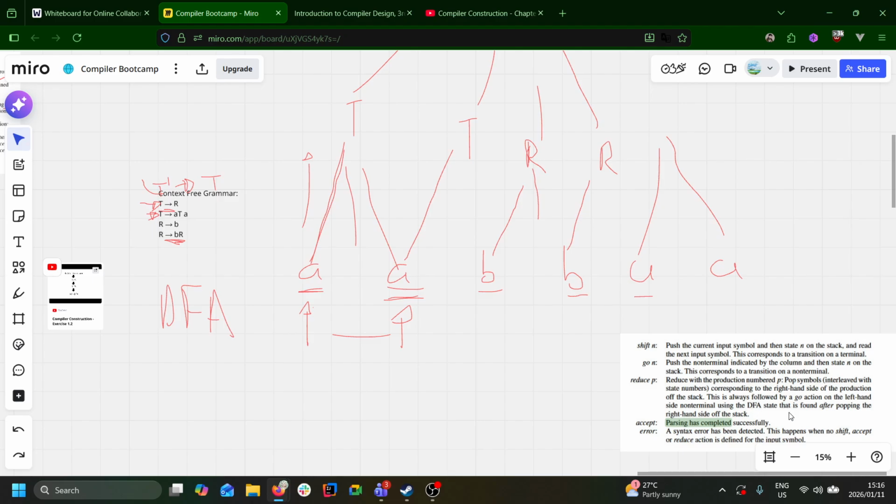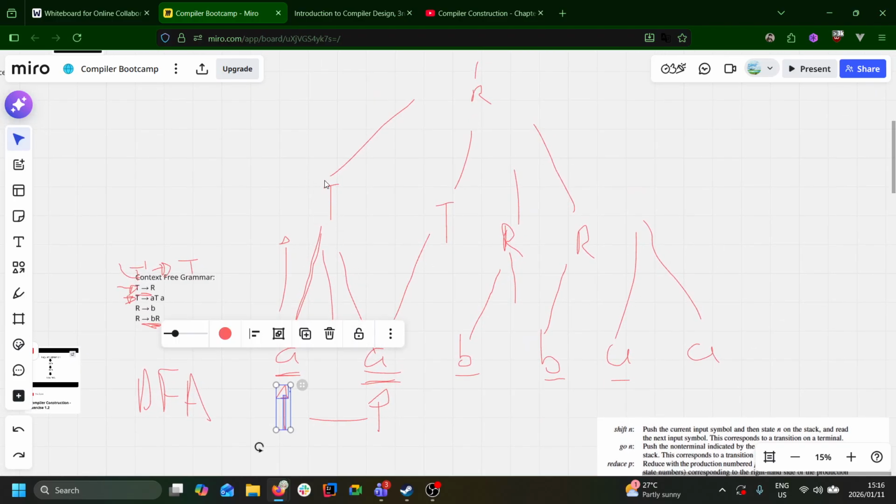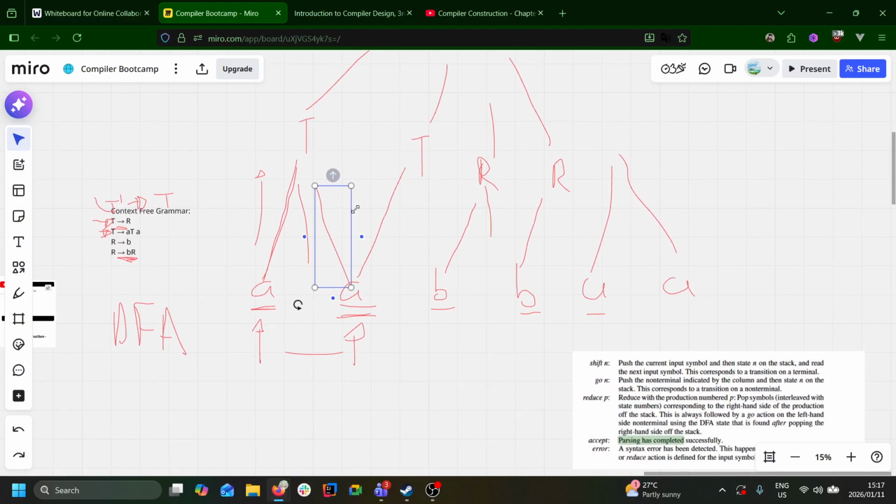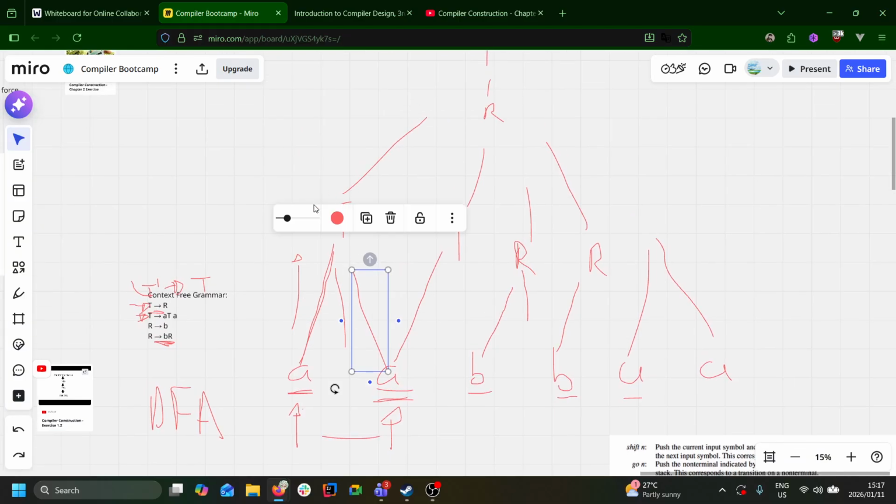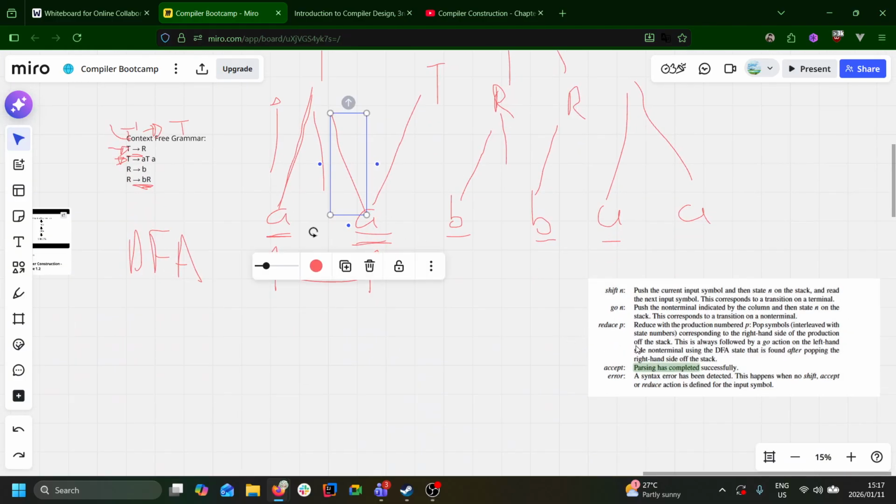This is always followed by a go action on the left-hand side non-terminal using the DFA state that is found after popping the right-hand side off the stack. Parsing has completed, or a syntax error has occurred. So okay, these are the actions. The one I can explain right now is the shift. At least I know that the shift works like this, and the reduce is if you're going upwards, where you're reducing this rule and this rule into a non-terminal as well.